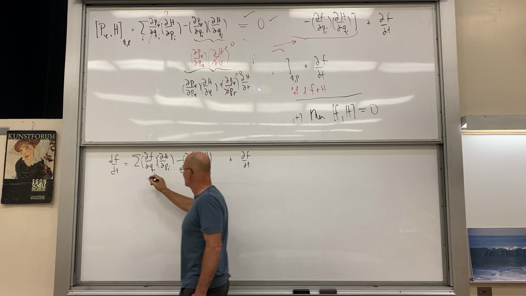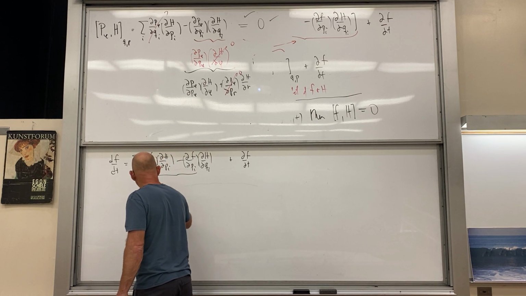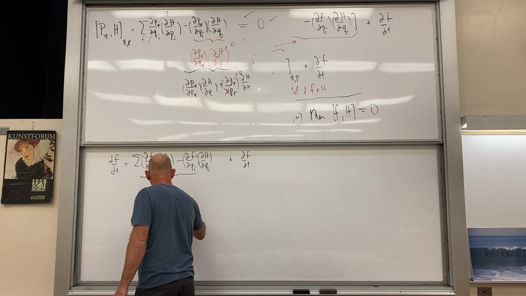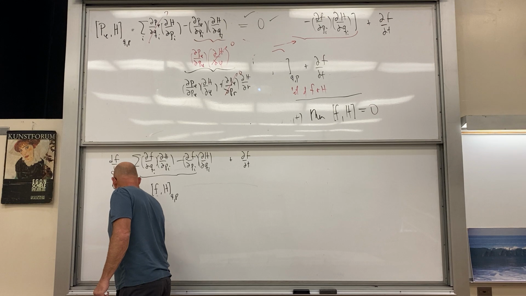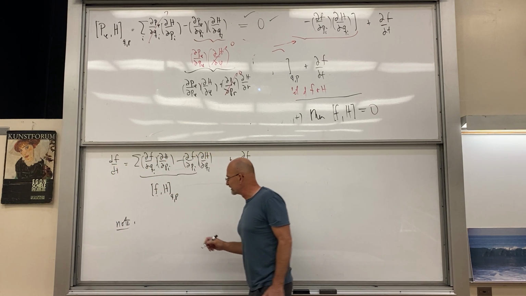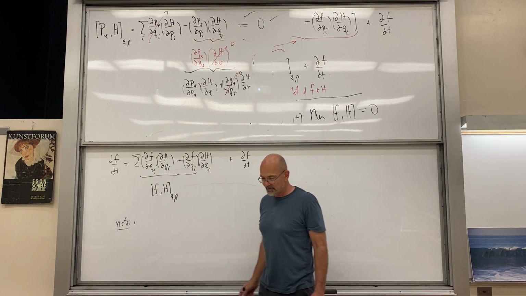So this, once again, was the Poisson bracket of f and H, in q, p. Just want to note, different books will define these things differently up to a sign.